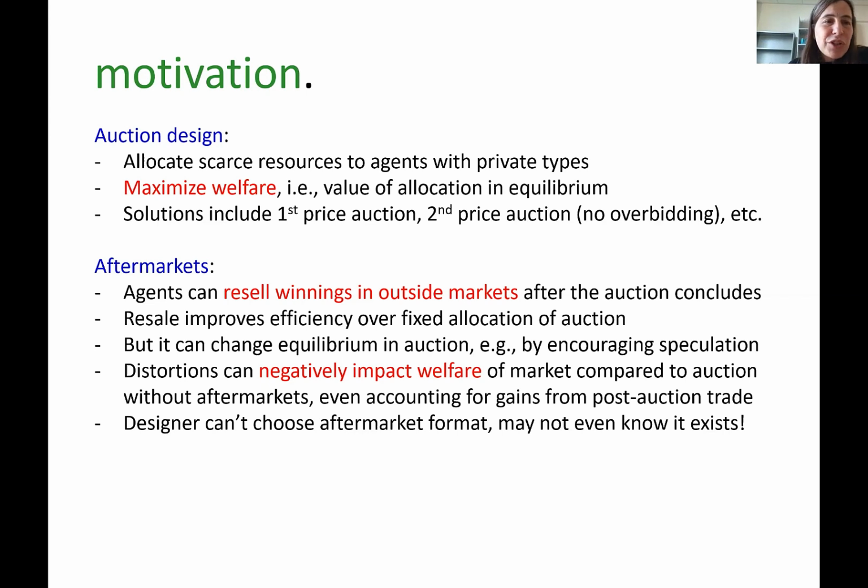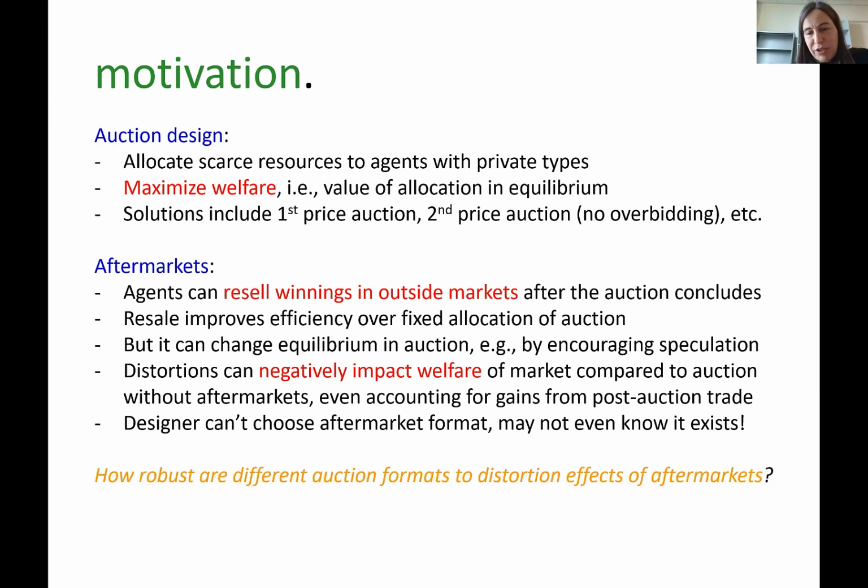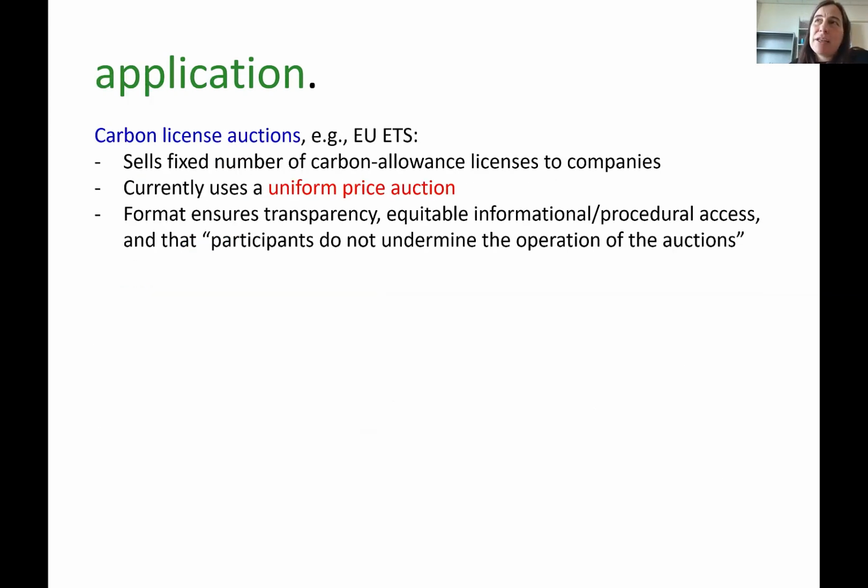And this question really grew out of a concern that we had in a kind of applied setting that we were working on here at Microsoft, and that is climate economics, markets for carbon allowances in this particular case. So Microsoft, as you may know, has a goal to reduce emissions, become net zero by 2030.